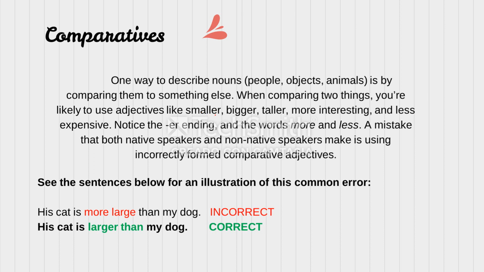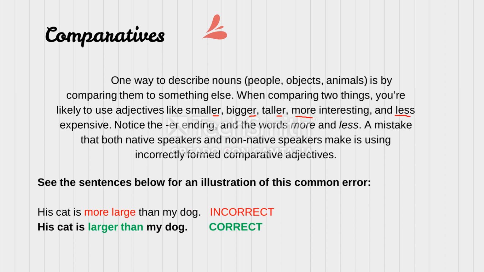Small is a one-syllable adjective, so we have to add er at the end. Bigger is another short adjective, so we are going to add er at the end. And the same happens with taller. But with interesting and expensive, that are long adjectives, we have to add the words more and less. And the adjective stays the same, only add more and less.